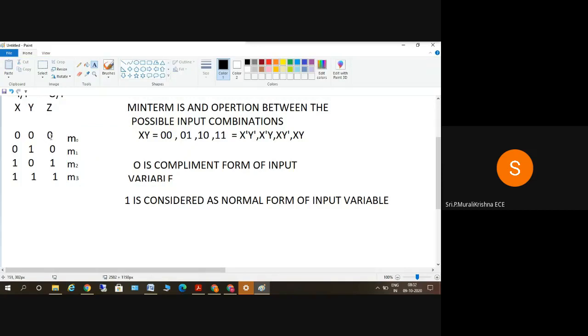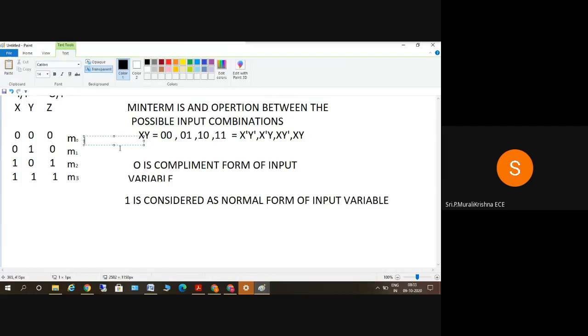So m0 is the ANDing of the input combinations x bar y bar. x bar y bar is called m0, x bar y is m1, x y bar is m2, and x y is m3.